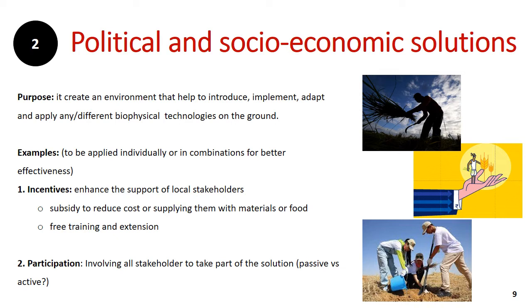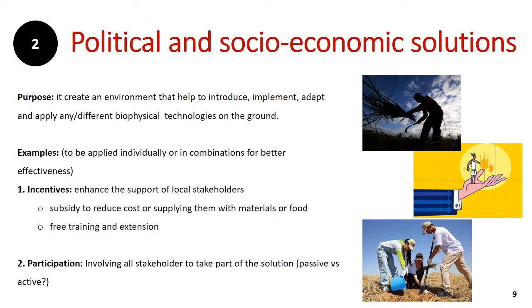What we mean by incentives is that you give them support, for example a subsidy that would reduce the cost of the materials that they would buy, or you might provide them with food, or some seeds or seedlings, vegetation, the tools they use to dig into the soil, and so on and so on. Or you can provide them with free training and extension.